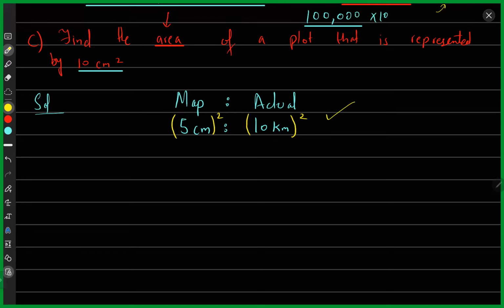The scale initially was for lengths. The unit was centimeter. I want the unit to be centimeter square. So I'll just square both sides of the ratio, and now it would become 25 centimeter square ratio 100 kilometer square, and now it's perfectly fine.